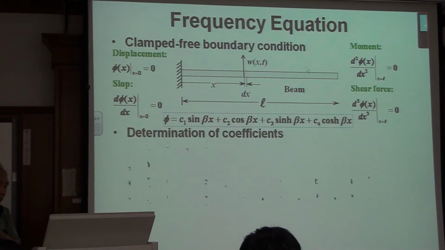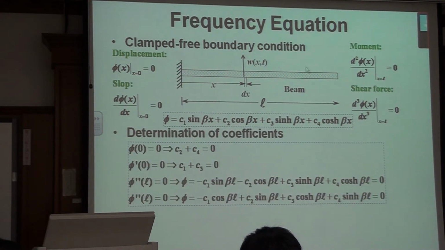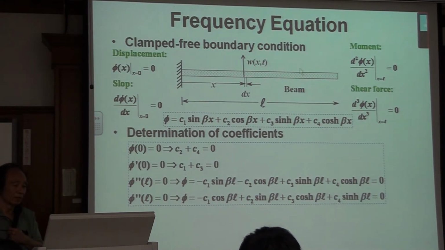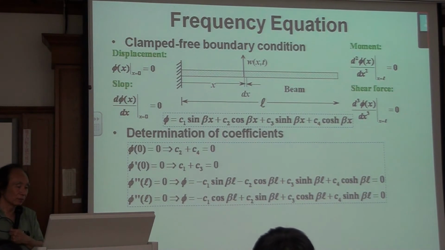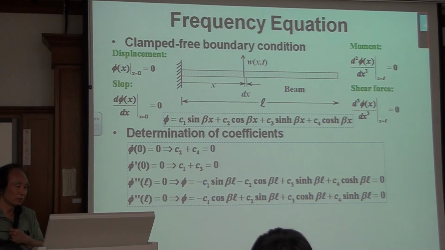Then this is the way to solve your shapes. We call it the free boundary condition. At this end, at the root, your phi equals 0 and your slope equals 0.